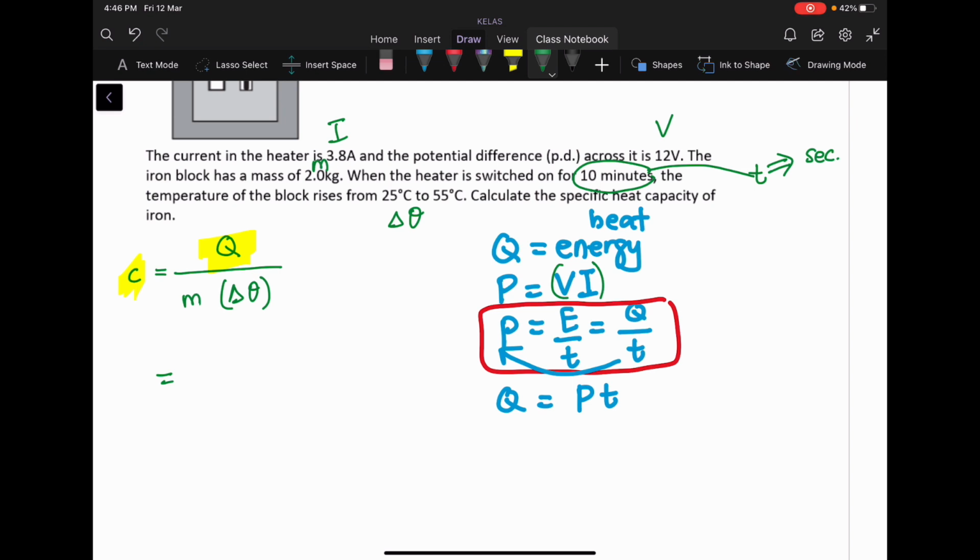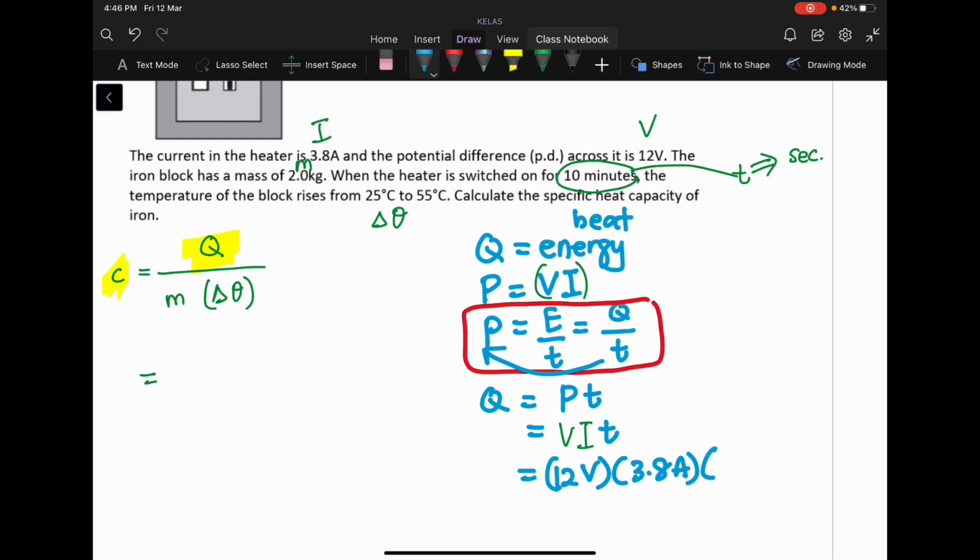So we substitute here. Here we put VI, and then times T. Alright, so what's V? V is 12 volt. I is 3.8 amps. T is... and then you need to remember, this one energy must always be in unit joule. So when you calculate power also, you must leave everything in SI unit. So this one time is in 10 minutes.